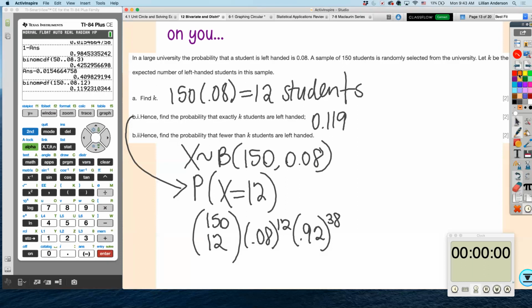So your random variable is a binomial distribution with 150 trials, the probability of success of 0.08. Now for B double I, I'm looking for the probability to have fewer than 12 students. What would I write to get my method points on my paper before I go to my calculator?